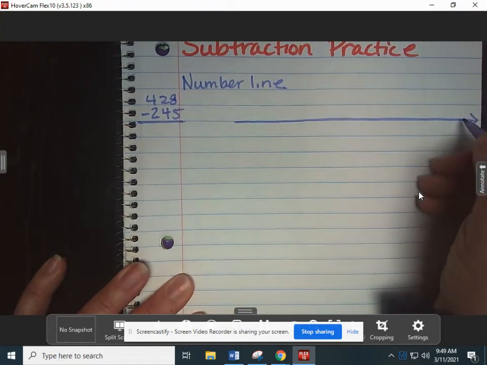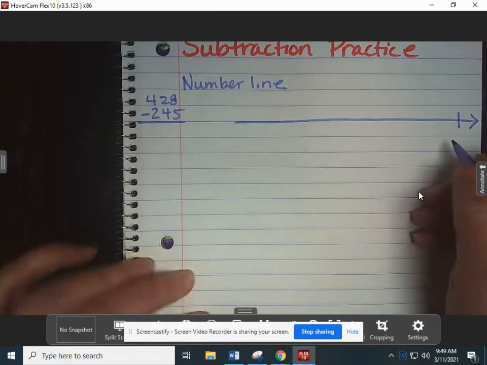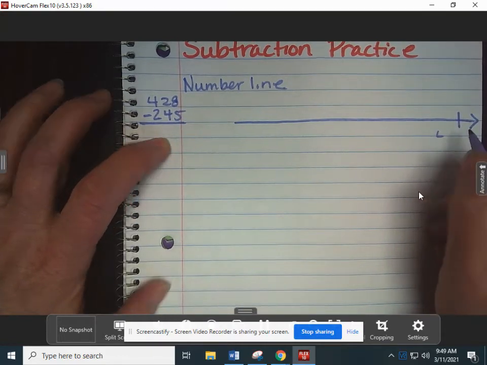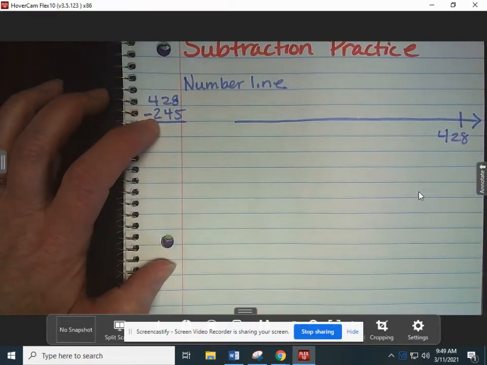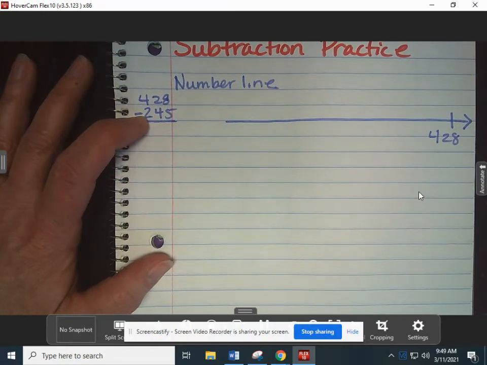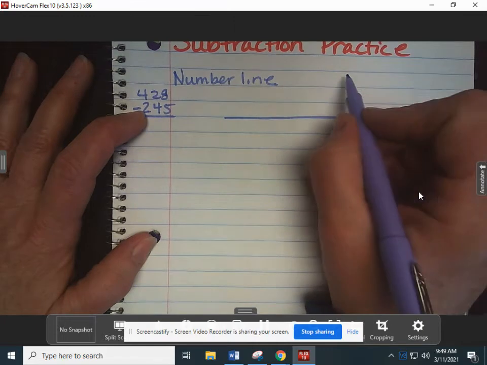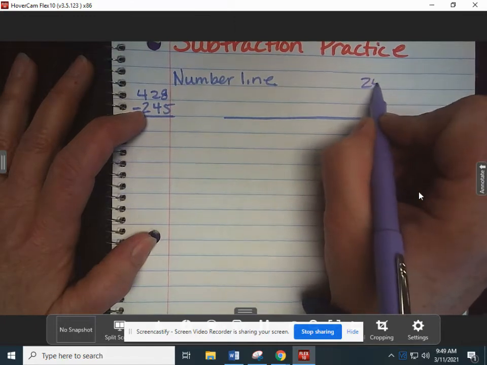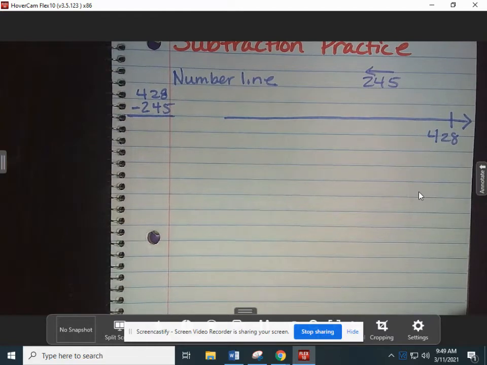Okay, so if our largest number is 428, we have to go backwards 245. So if we think about our number 245, I'm going to point that way so I know that way we have to go.